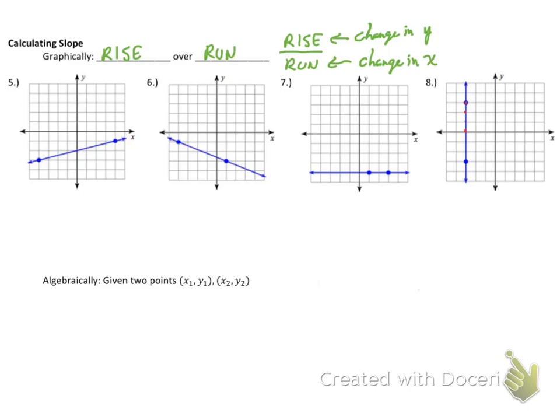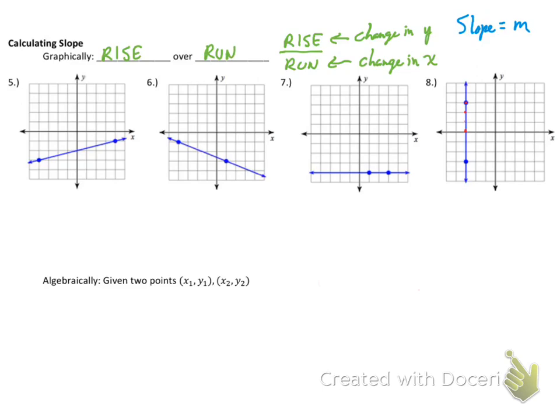Something you may know as well is that the variable for slope is m, which will be helpful in our next video. So slope is referred to with the variable m.